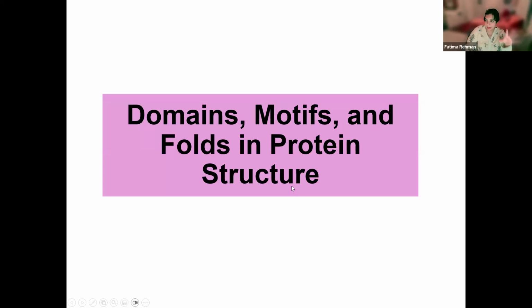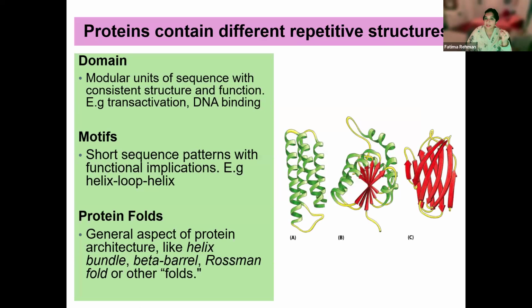So again, now you see that there are certain parts of the protein that are going to be important for its structure and function, other parts that are going to be a little bit more amorphous. Because of this, you will see that there are different types of structural and functional domains and motifs that can be found within a protein. These are essentially repetitive sequences or structures that you see across all proteins appearing again and again.